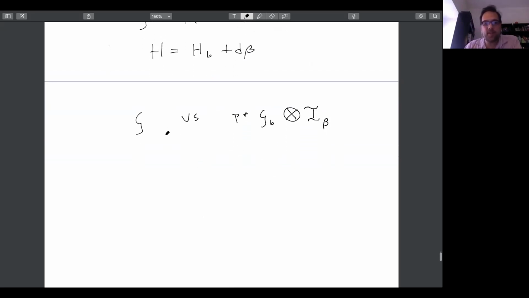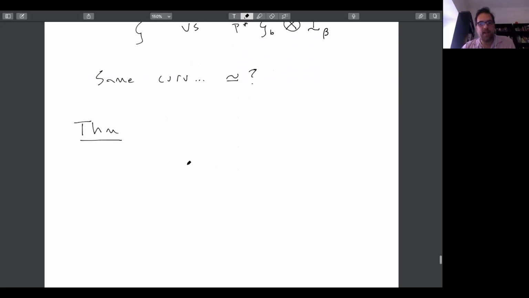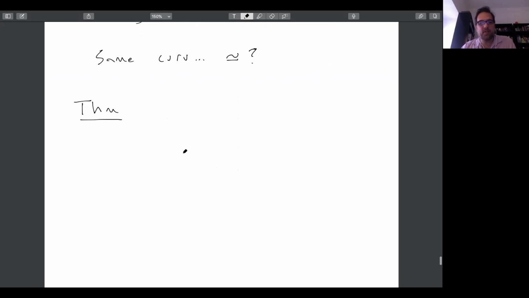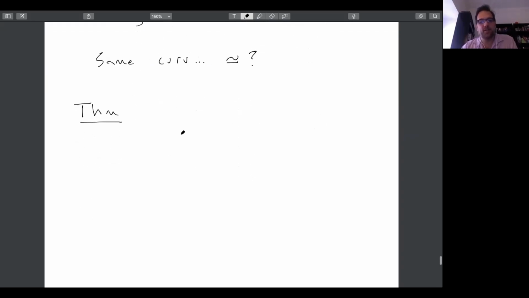Then these will have the same curvature. So same curvature. Are they equal or equivalent? And the answer is no. They can differ by a flat bundle gerbe. You can tensor with any flat bundle gerbe, and you don't change the curvature.